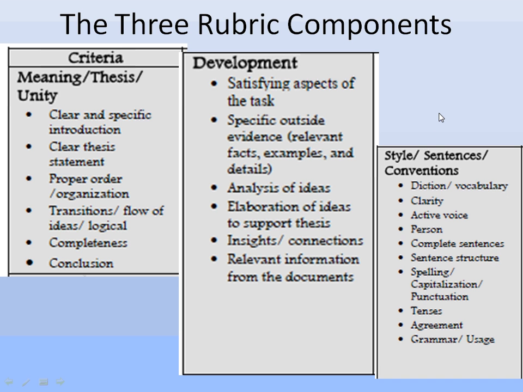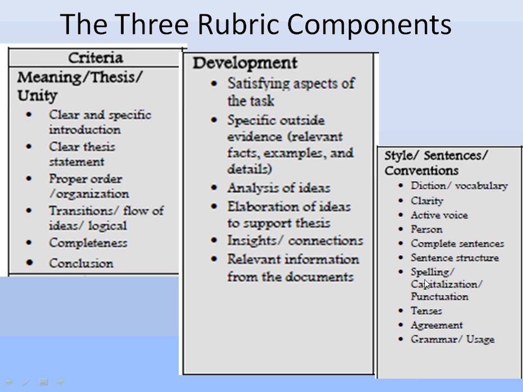They are different sizes, and this was done by me on purpose because the bigger the size, the more it's worth in the rubric. So the meaning, thesis, and unity part is worth 30%. The development part is worth 50%, and the style, sentences, and conventions part is worth 20%.